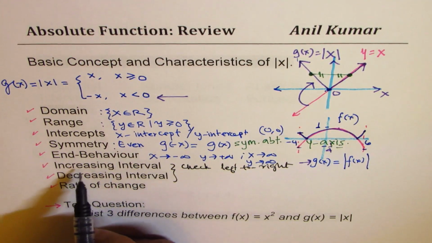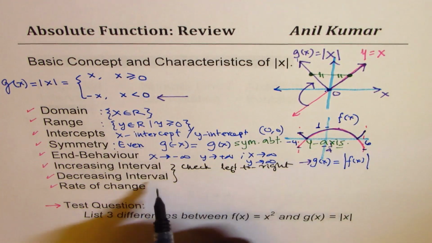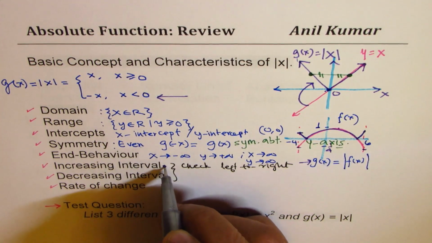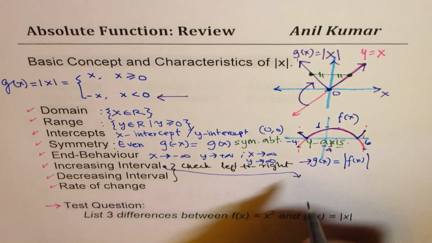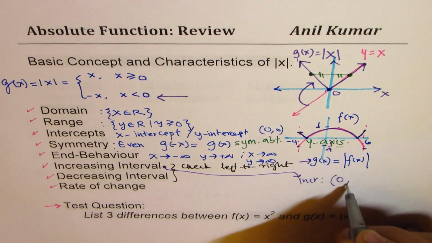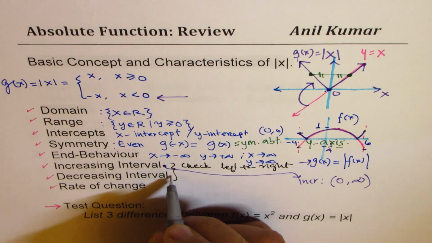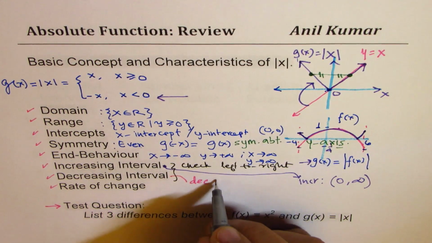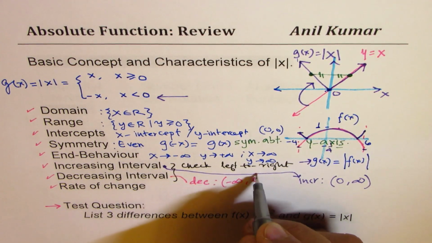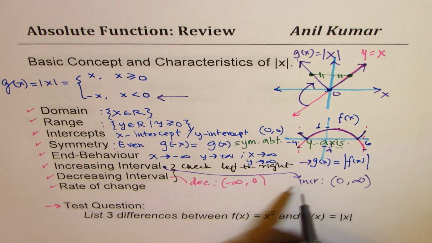So we say increasing from, let's say, 0 to infinity. Correct. And for this part, decreasing, from where? Minus infinity to 0, correct? Minus infinity to 0. Infinity is never included, so you see these brackets, right?